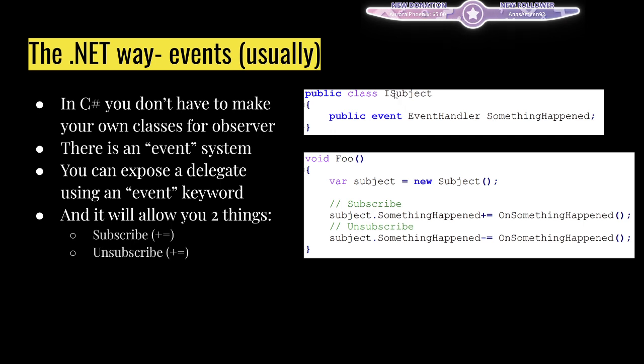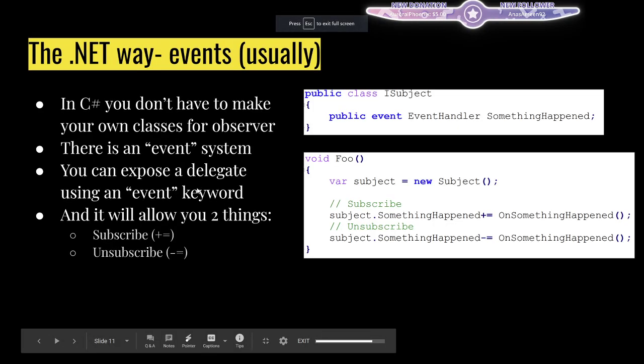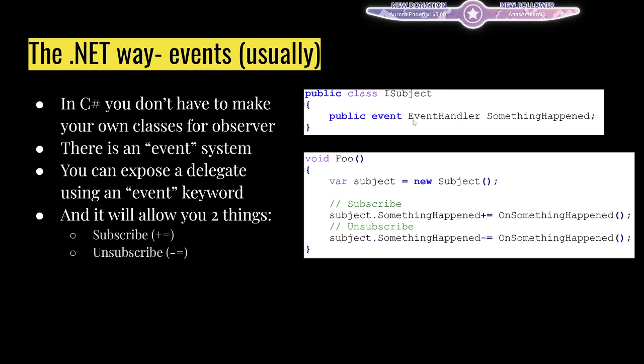So basically, the equivalent of that UML would be this scenario. My ISubject no longer has a notify method. It no longer has subscribe and unsubscribe methods. Everything is under the event. So this means that we can subscribe with the plus equal sign, unsubscribe with the minus equal sign, and notifying something is just invoking this event.